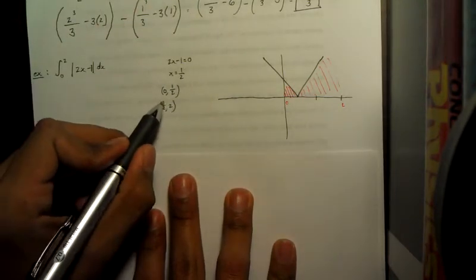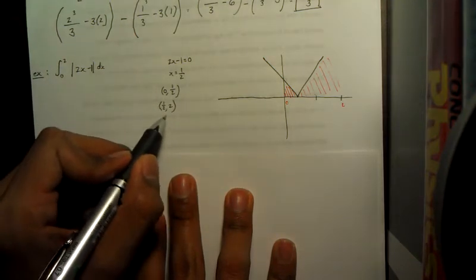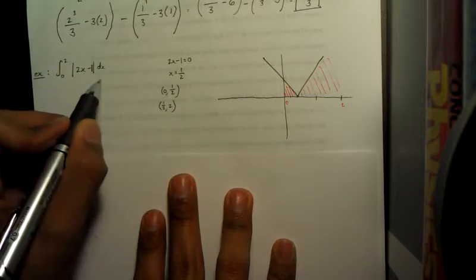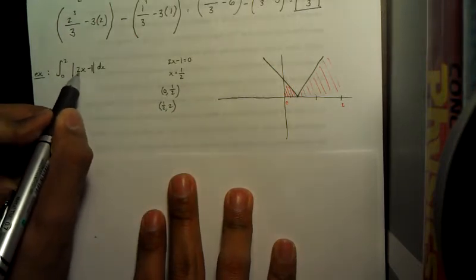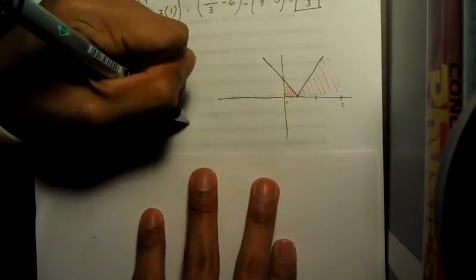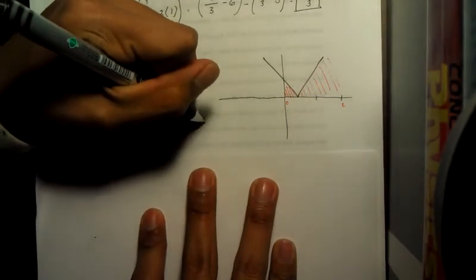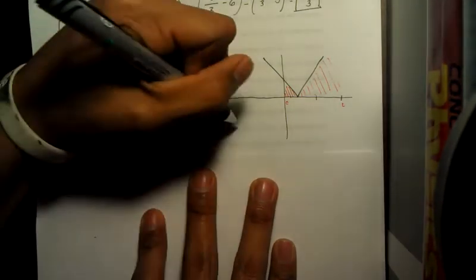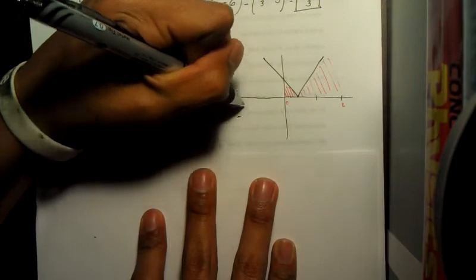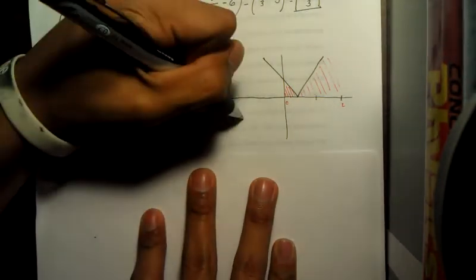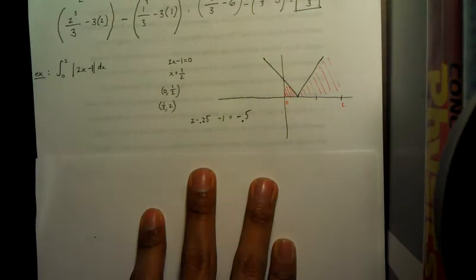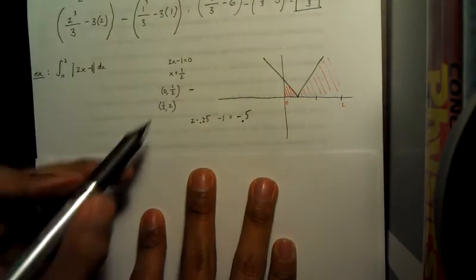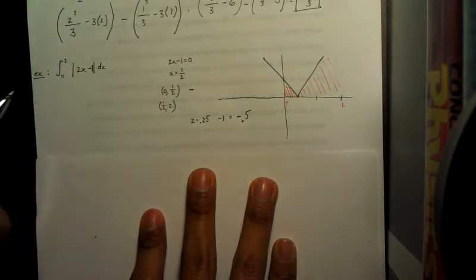So say we plugged in 0.25 into this equation. 2 times 0.25 minus 1, that's going to equal negative 0.5, which means that's going to be a negative from the interval 0 to 1/2.